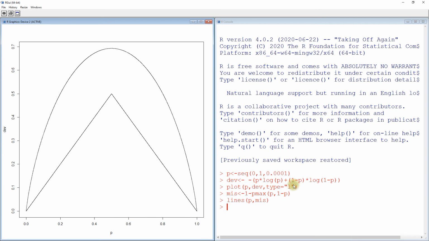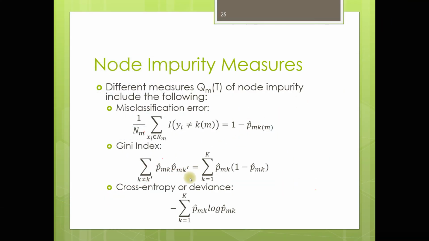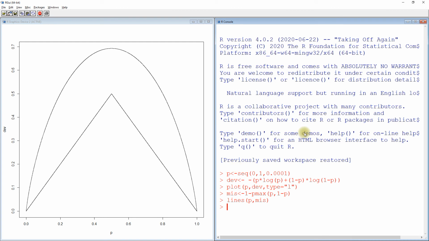We have a last one to draw, which is the Gini index. For the Gini, we remember the formula, which states that you have to take p times 1 minus p for the first class plus the same thing for the second class. Remember that we are taking only two classes here for illustration purposes.